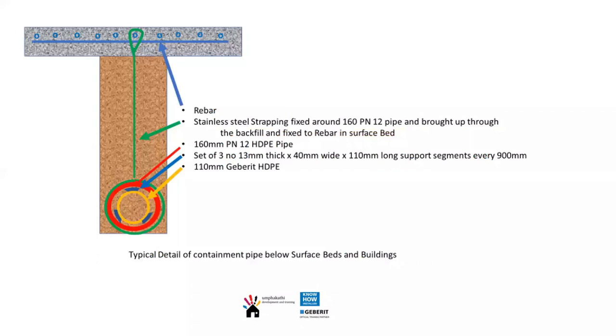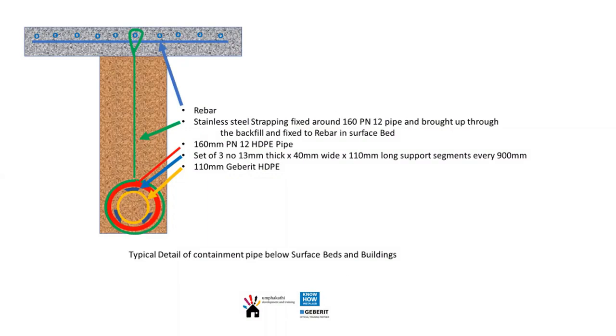So when they talk about the pipes needing to be sleeved, they're talking about a containment pipe. And in order for it to be able to span the distance, especially under a shopping center surface bed, we'll use an outer pipe of 160 mm PN12, and then we'll use 3 spacers which are welded onto the inner pipe to give us support along the segments of the pipe and to ensure that we keep our centers and inverts correct.